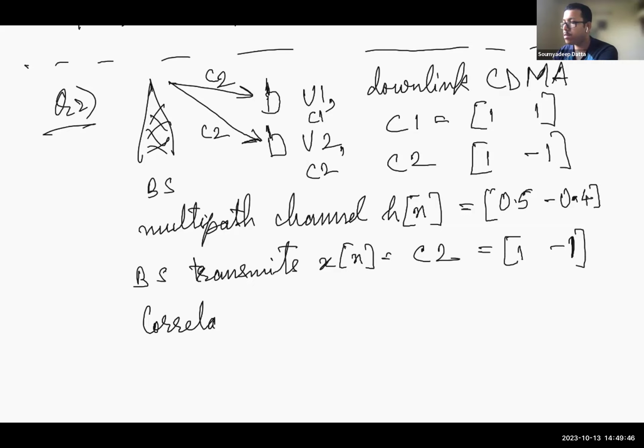So what we have essentially as output is, your received signal y is equal to y0 = 0.5, y1 = minus 0.9, y2 = 0.4, y3 = 0. I hope this step is clear. Any problems with this? It's just convolution calculation.